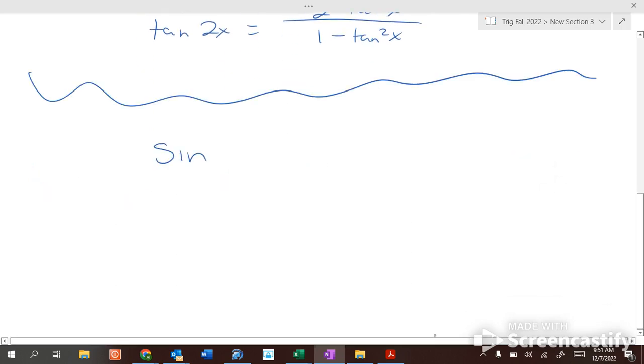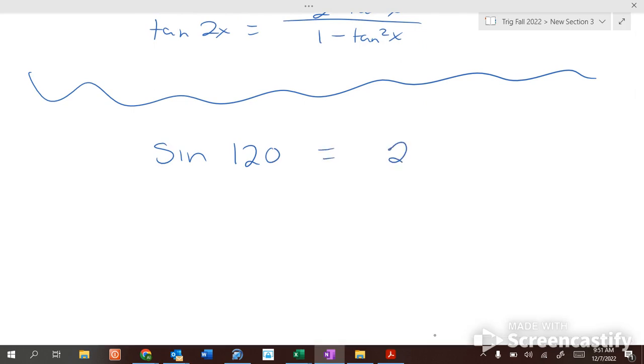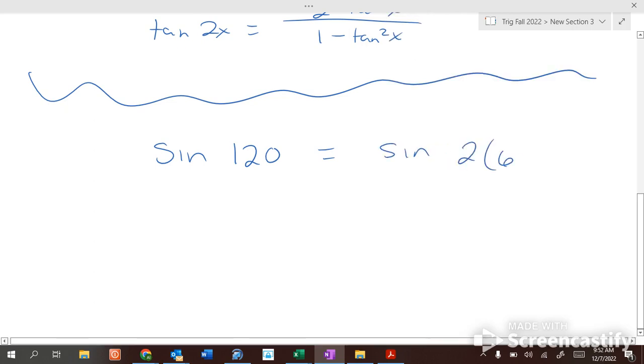So let's say we wanted to find the sine of 120 degrees. Well, the sine of 120 is the sine of 2 times what? The sine of 2 times 60 degrees, right?